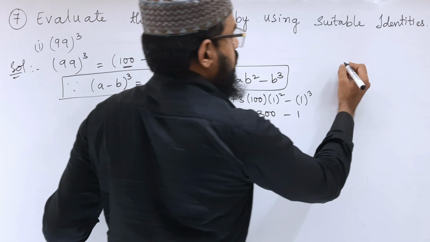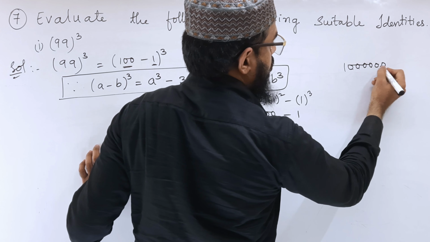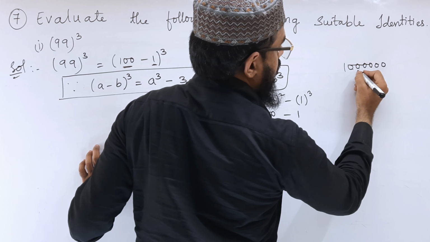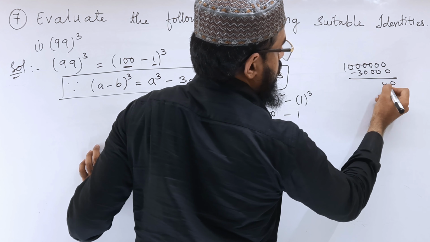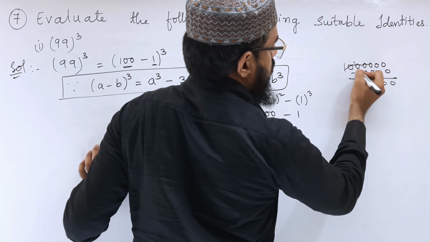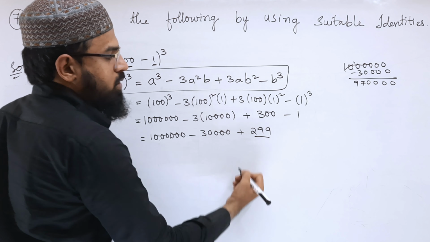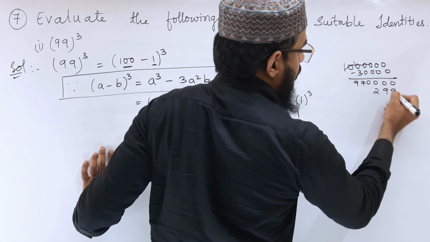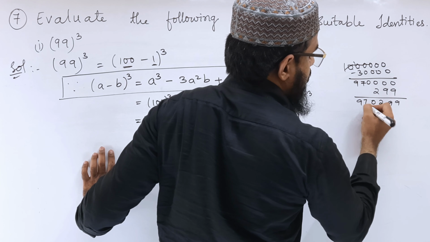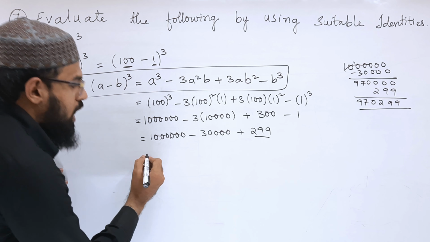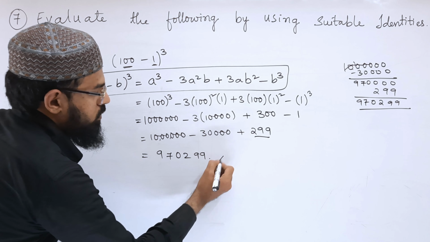Next, let us subtract that. 1, 2, 3, 4, 5, 6, so 30,000. 10 minus 3 is 7, 9. Next we have to add this 299. So 970,299.